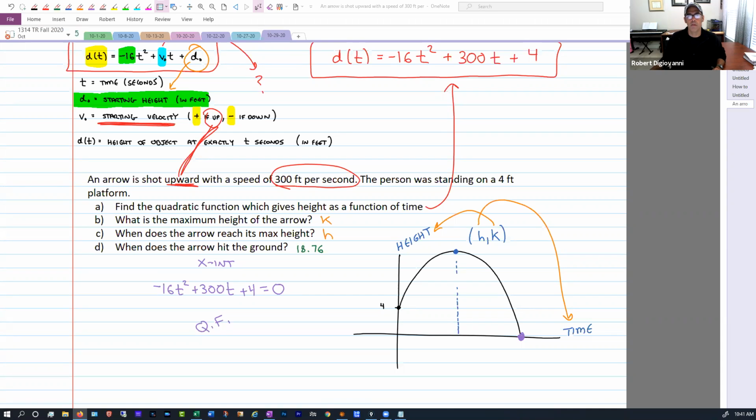Really high. So this is going to be 1410.25 feet. That's how high it gets. And 9.375 seconds. There it is. So if you just want the answers, that's what you should get.